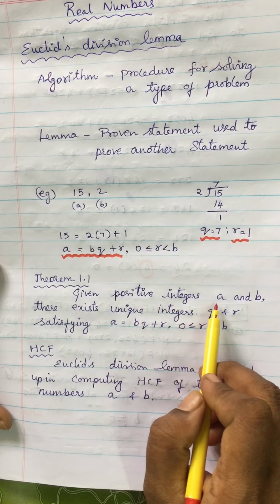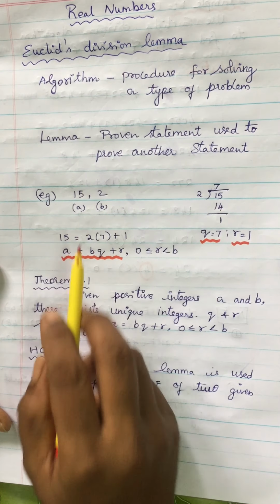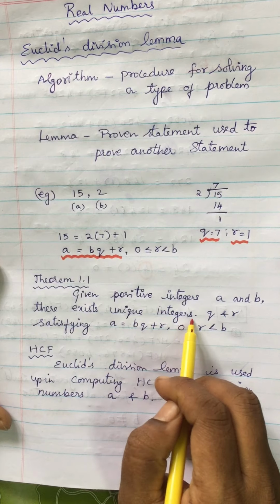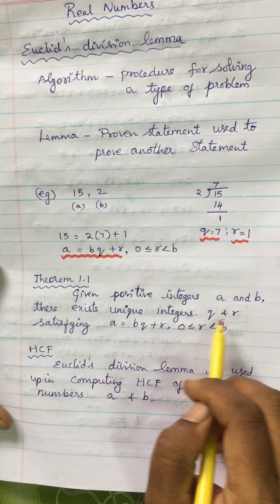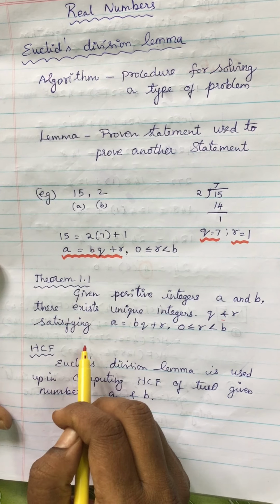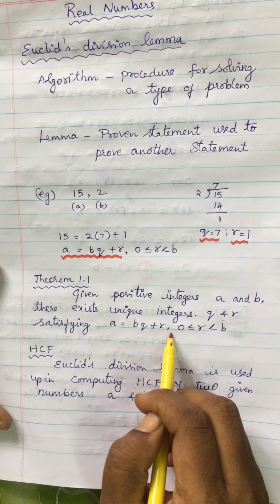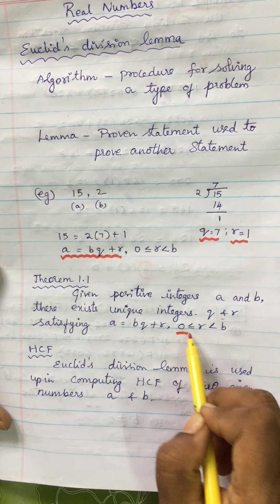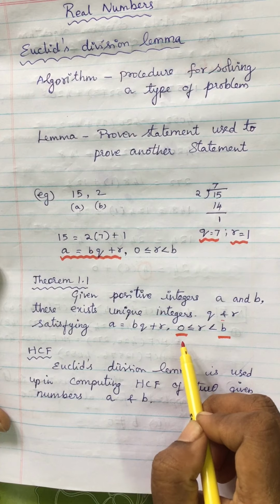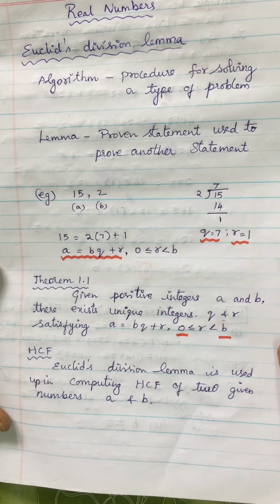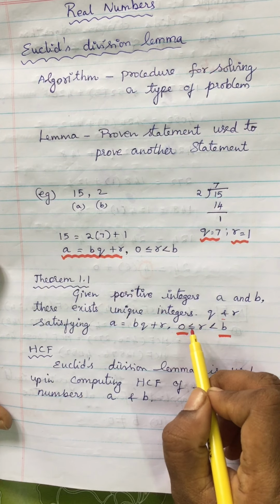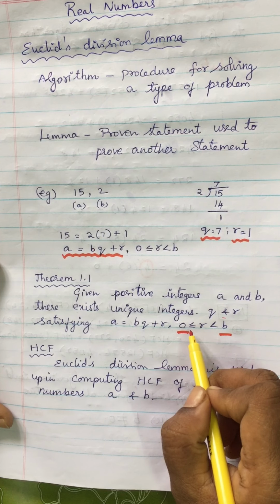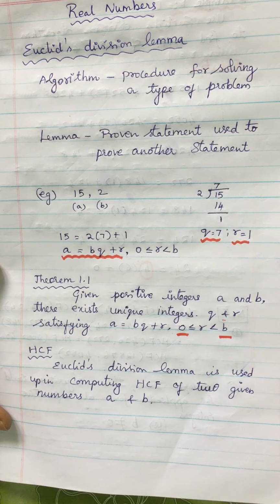Given positive integers a and b, for example here 15 and 2, there exist unique integers q and r, which are nothing but your quotient and remainder, satisfying a is equal to bq plus r, where r should lie between 0 and b. Sometimes your r can be equal to 0 also. For that only you are putting the symbol r is greater than or equal to 0.